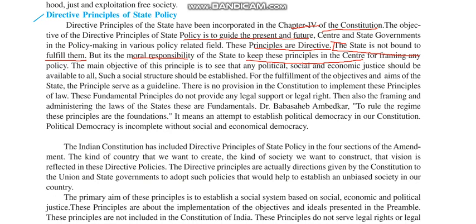The main objective of this principle is to ensure that political, social and economic justice is available to all. Such a social structure should be established.